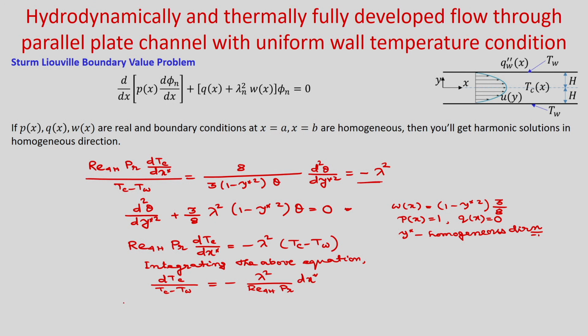So, you will get ln of Tc minus Tw is equal to minus lambda square divided by Reynolds number x star plus some constant ln c, and you can write Tc, which is a function of x, as Tw plus c into e to the power minus lambda square divided by Reynolds number for h into Prandtl number into x star.